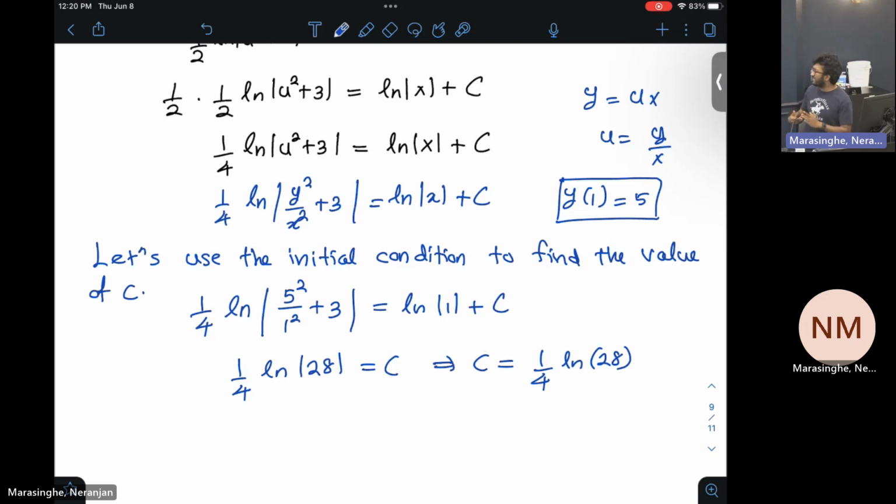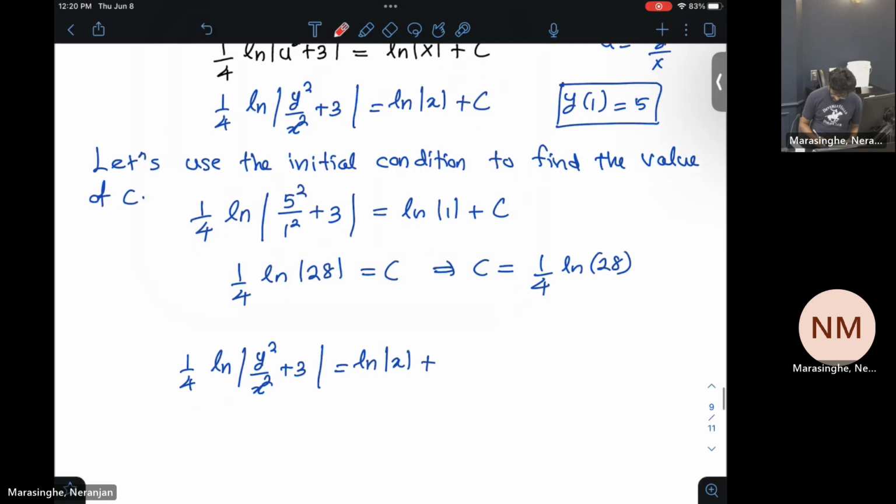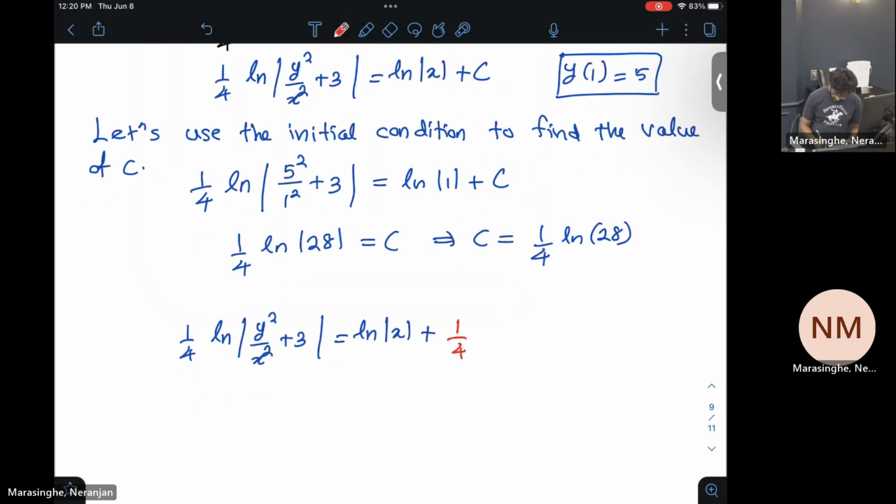Now I'm going to plug my constant into the equation. This is my equation, so now I know the value of c. Instead of c, I would plug that value: c is 1/4 natural logarithm of 28.